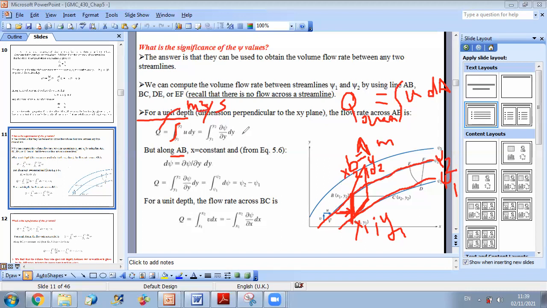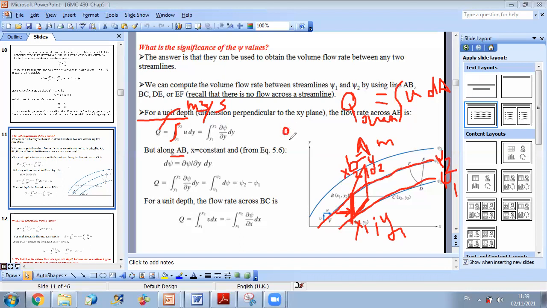Or also, you can say I want the value per unit length, like dividing by the depth. Both strategies are true, and will give you the same result.